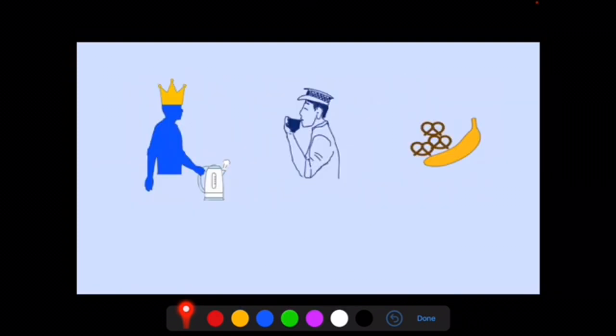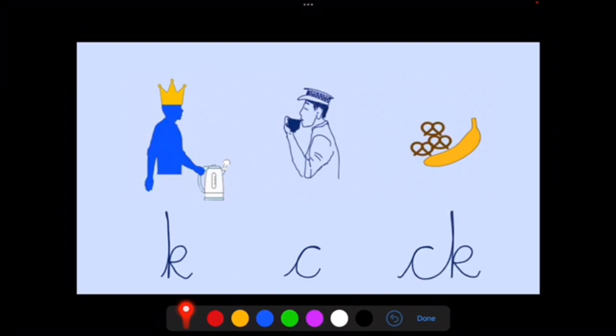For the sound K, we have the king putting the kettle on to make the cop in the cap a cup of tea. A reminder that if we hear K followed by E or I, and occasionally Y, we would write the letter K. If it was followed by A, O, or U, we wrote the letter C, and CK at the end of a one-syllable word with a short vowel sound.